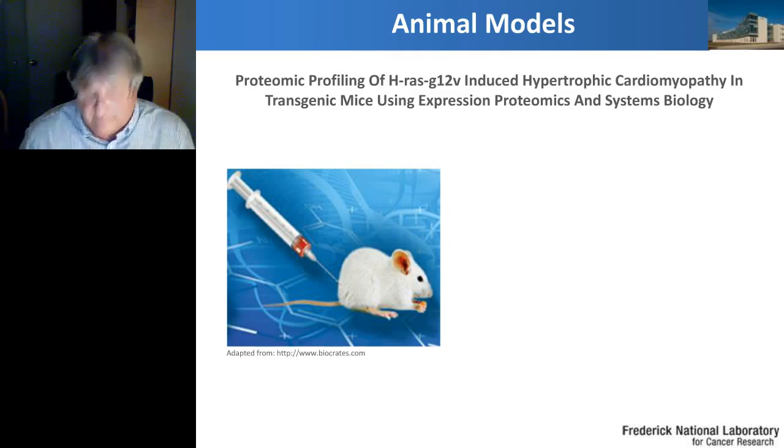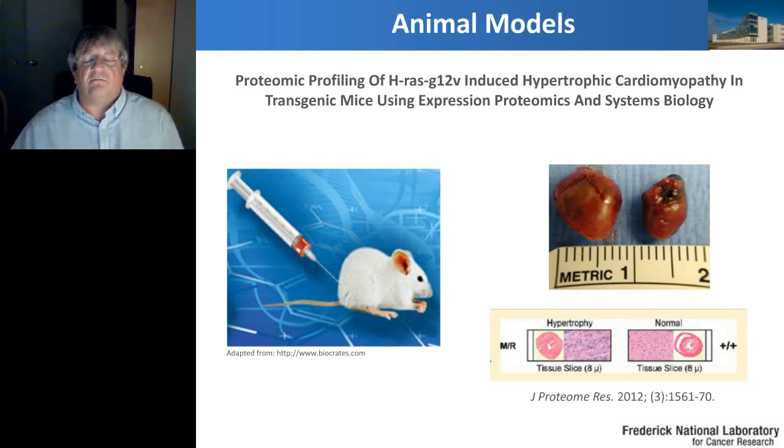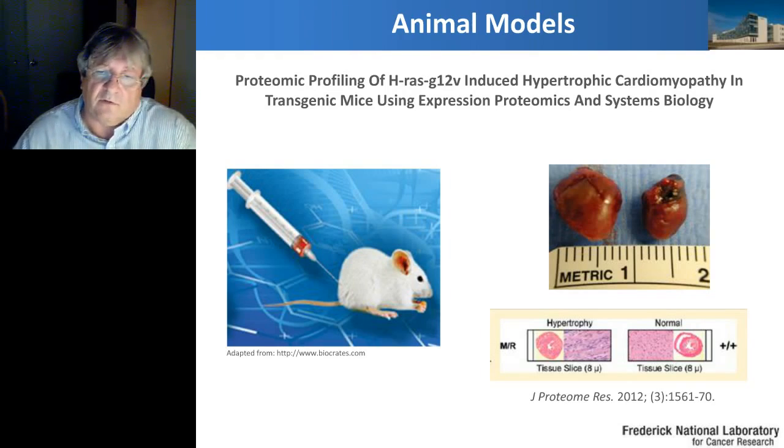So what we have done, we have published a study looking into HRAS-driven hypertrophic cardiomyopathy in transgenic mice, and as you can see, morphologically, once HRAS is activated by tetracycline, the heart is big, and this is the normal heart, along with histology and microhistology. So we would like to see what the molecular signature is, what is really happening in the mouse heart when HRAS is overexpressed.